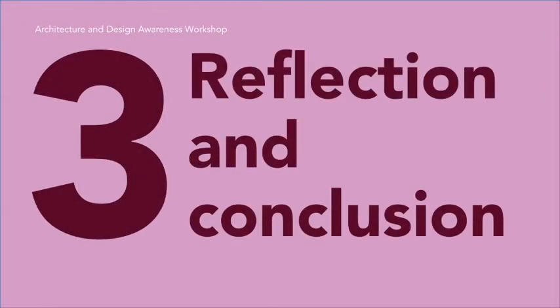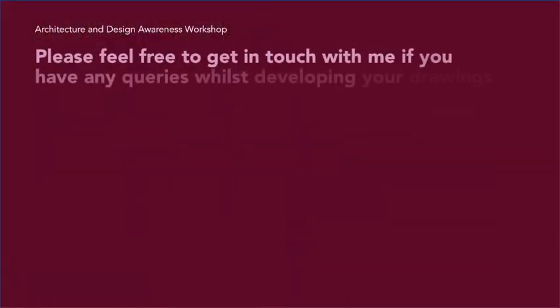Okay. So this aspect of the workshop is called reflection and conclusion. Just to finish, as I said to you all through this session, please contact me if you get stuck. If something is not clear, if you need help, just get in touch with me. You can just write me an email.